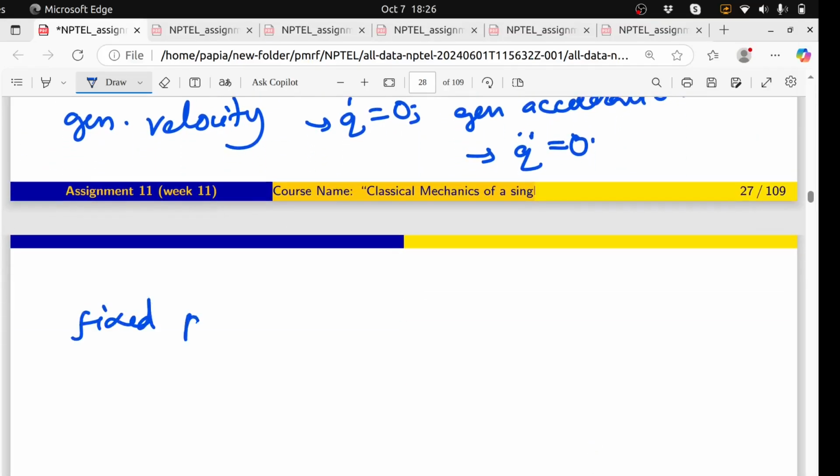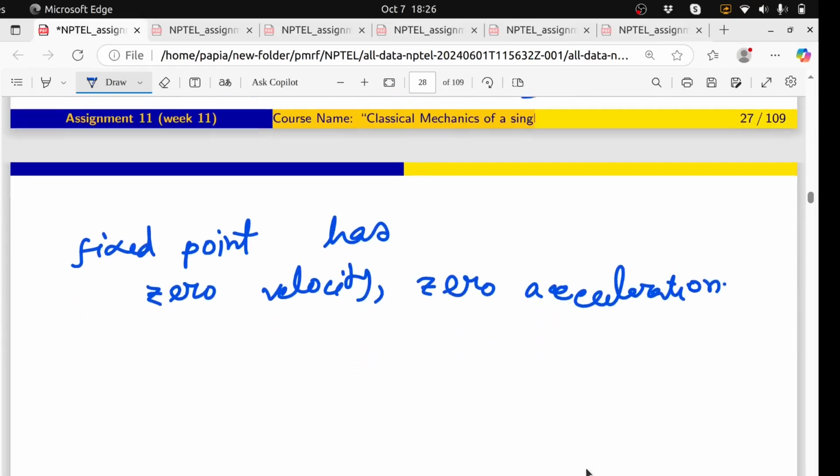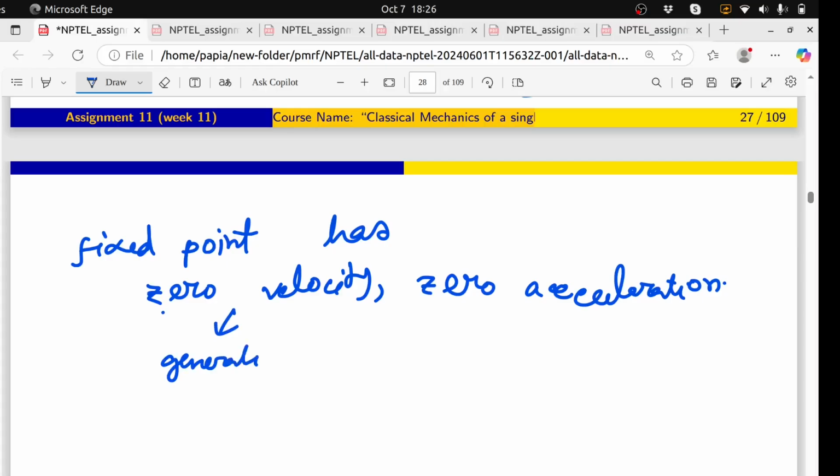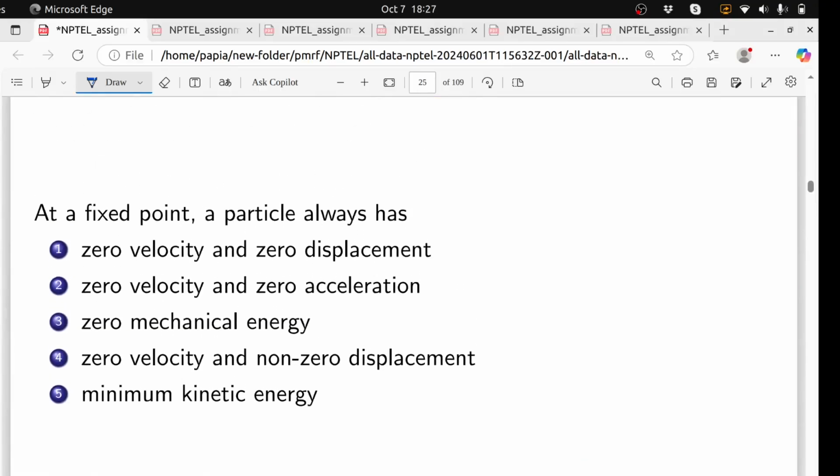So fixed point has 0 velocity, 0 acceleration. Actually, to be specific, we should say 0 generalized velocity and 0 generalized acceleration. Okay. So now we can see that this is 0 velocity and 0 acceleration.